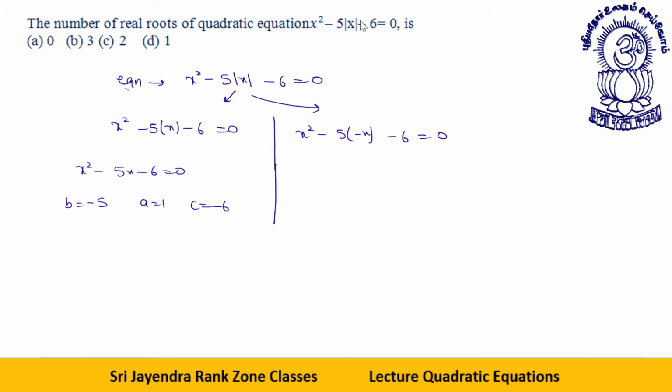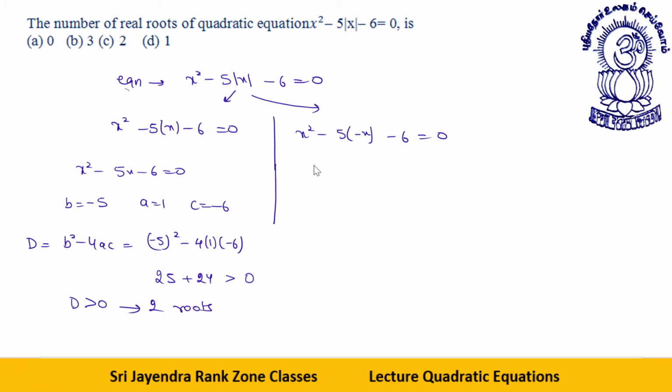We have to count the roots, so I'll find D, which is b square minus 4ac. Minus 5 square minus 4 into 1 into minus 6, so this is 25 plus 24. This is greater than 0, so D is greater than 0 and we have two roots.